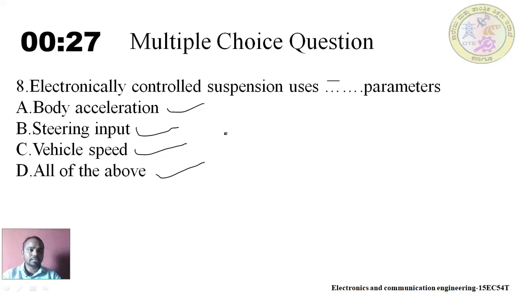What may be the right answer? The right answer to this question is option D, all of the above. Electronically controlled system gathers information such as body acceleration, steering input and wheel speed to maintain proper ride and handling, or proper suspension system with proper damping.